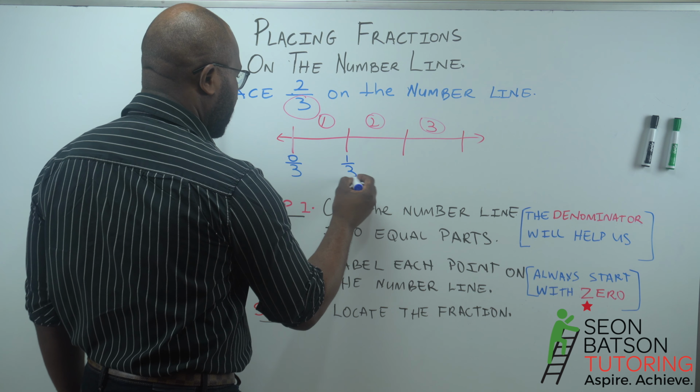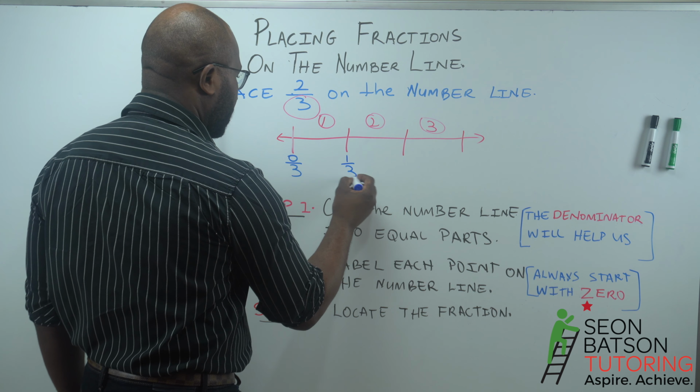So 0 over 7, 1 over 7, 2 over 7, 3 over 7, 4 over 7, 5 over 7, 6 over 7, and 7 over 7. This fraction is very special because whenever the numerator and the denominator in a fraction are both the same number, that fraction is a whole. So we have a whole right here.